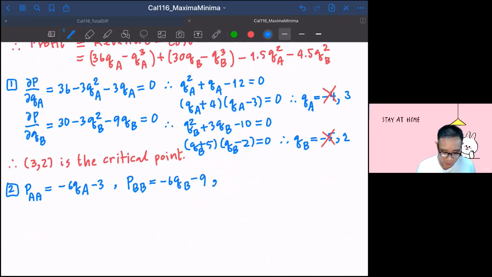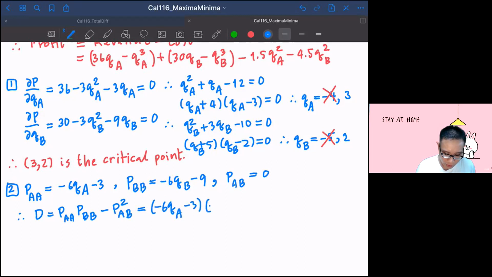And you have PAB, which turned out to be 0. So you're going to have D equal to PAA times PBB minus PAB square. In this case, it's going to be negative 6 QA minus 3, times negative 6 QB minus 9. And you put QA equal to 3 and QB equal to 2.